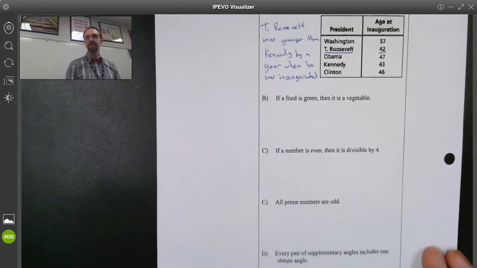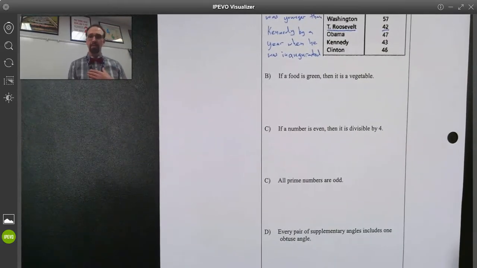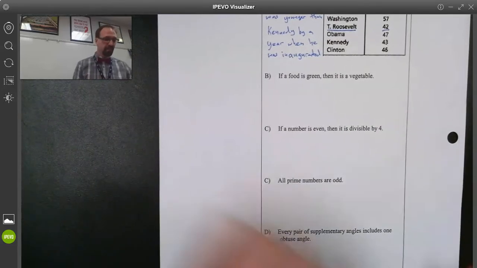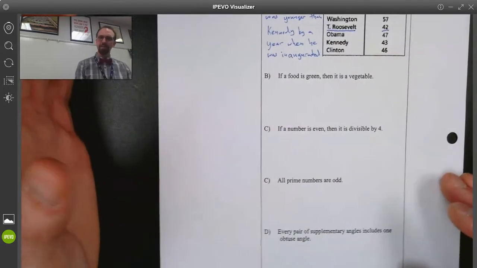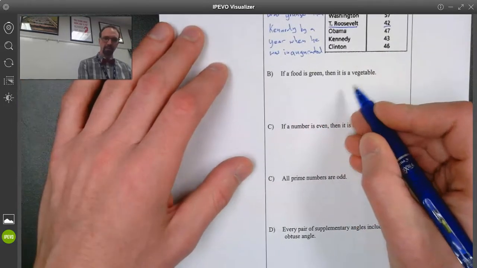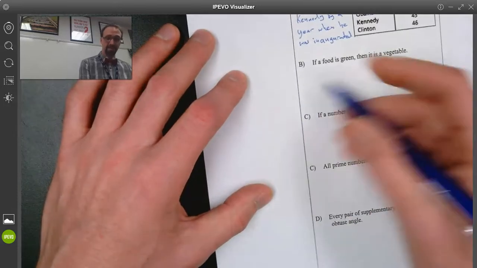Part B. If a food is green, then it is a vegetable. So a lot of people want to really hyper-focus on the fact that we're talking about vegetables here. And the thing is, I need to think about a food that is green that is not a vegetable. So thinking about foods that are green that aren't vegetables, again, think about anything that's food that's not a vegetable.